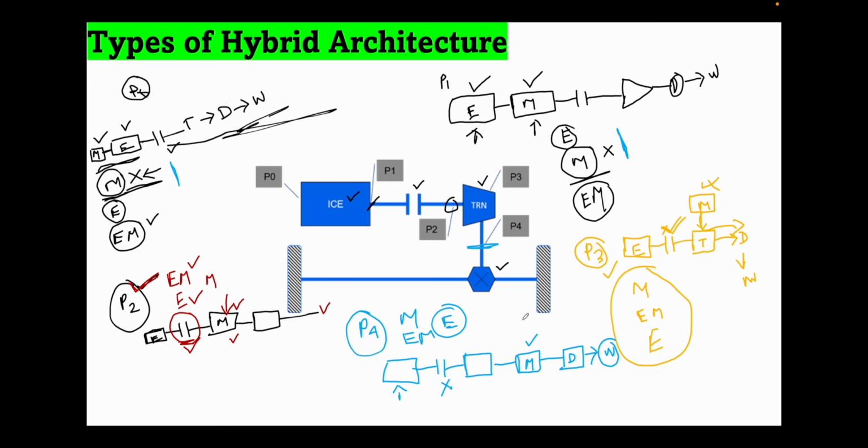So P2, P3 and P4, and as we are increasing the number from P2 to P3 and P4, we are minimizing the loss produced from the motor side, and we are giving more torque to the wheels so that it can meet the demand from the driver side.